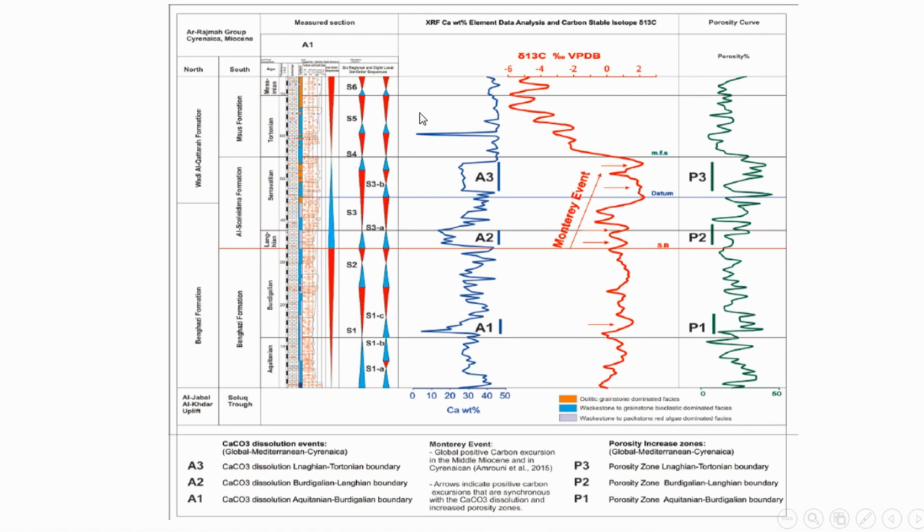They represent a decrease in the value of calcium, depleted, coinciding with high porosity dissolution and with high carbon excursion, as you see here by the red arrows. They are associated with third order transgressive events or transgressive cycles, as you see here, an example.